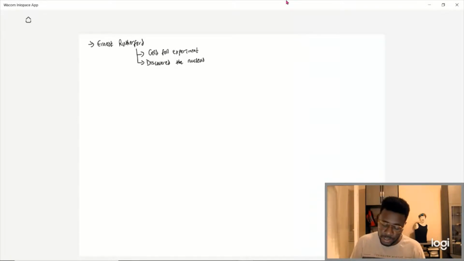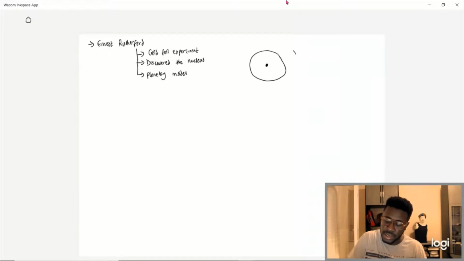And so he was able to give his own model. His model was called the planetary model. So in Rutherford's planetary model, this is the nucleus, and you have electrons going around it.